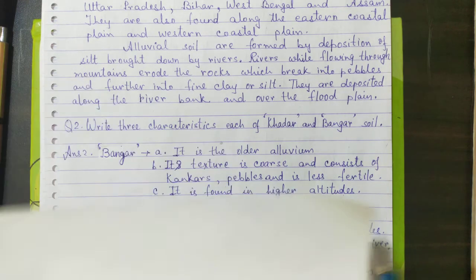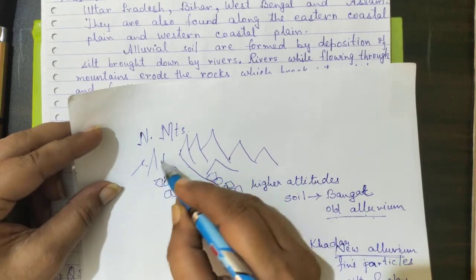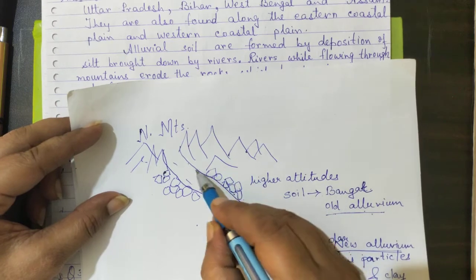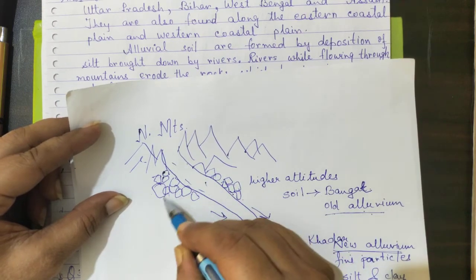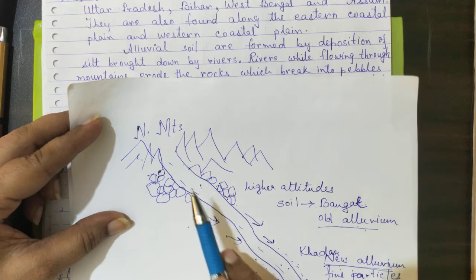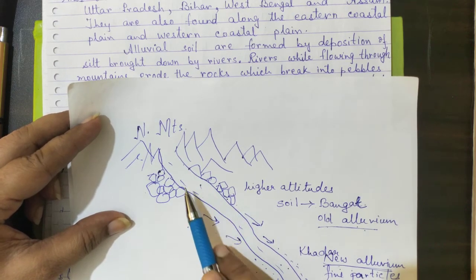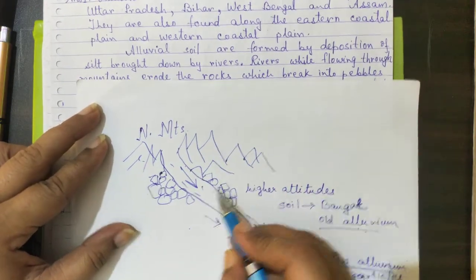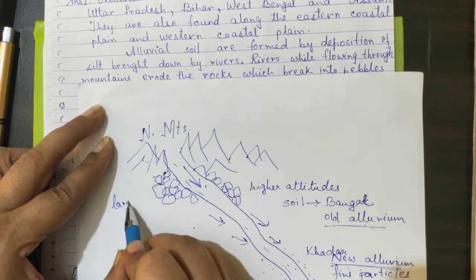You can understand it this way. There are hilly and mountainous areas where large pieces of rocks are present, and here the erosive work of the river starts and breaks the larger rocks.